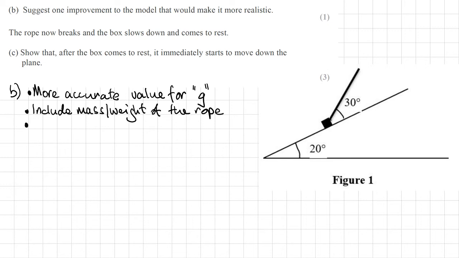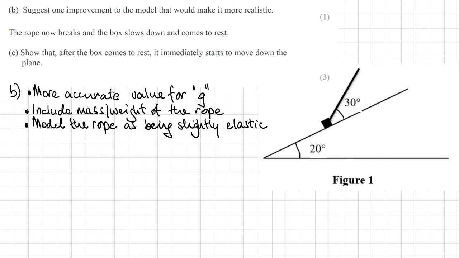So we could model the rope as being slightly elastic, it's not going to be a lot, or slightly extensible you could use. Also in the question it said that we ignored air resistance, so we could include air resistance in our more realistic model.